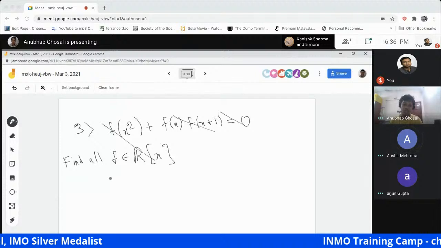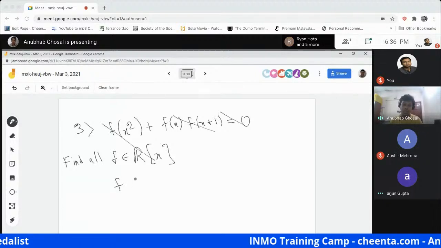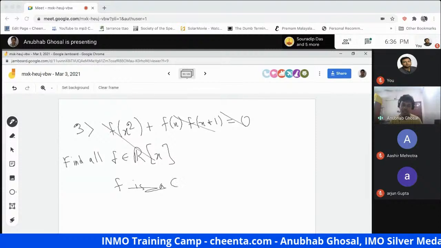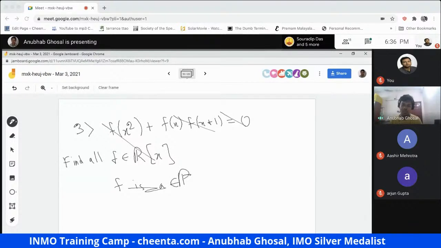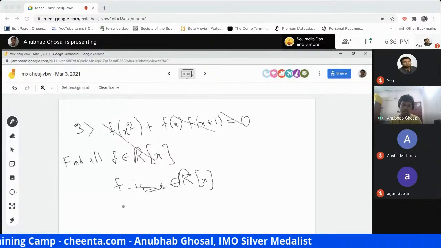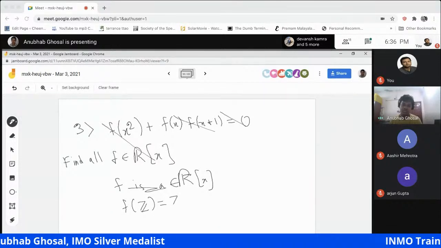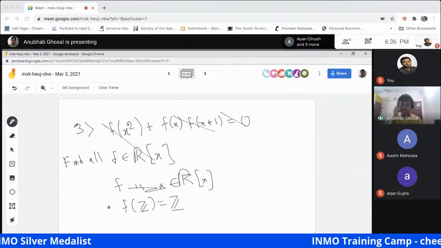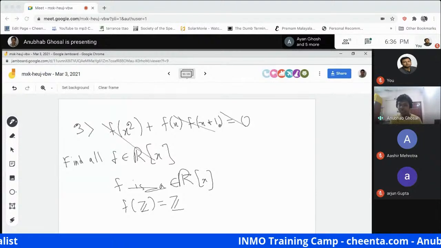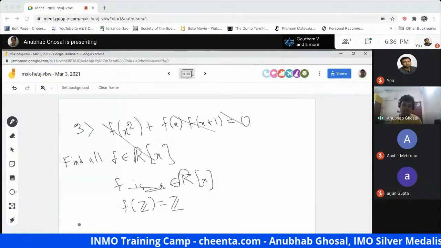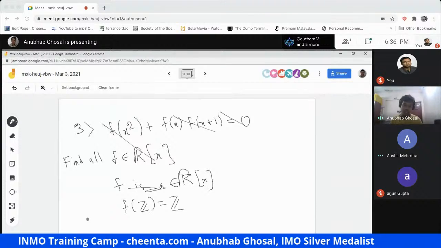Sorry. Okay, so let f be a polynomial, f belongs to R[x], and f maps the integers to the integers. Then this is a very general lemma. You guys should know it. If you don't, then we are proving it right now, because you should remember this, since it is very helpful sometimes.